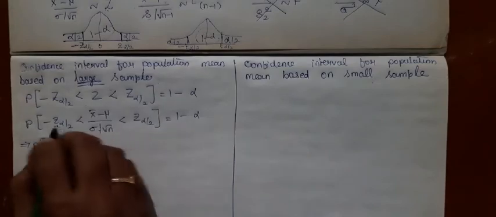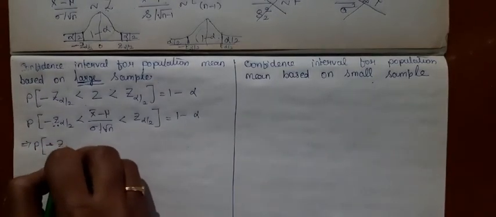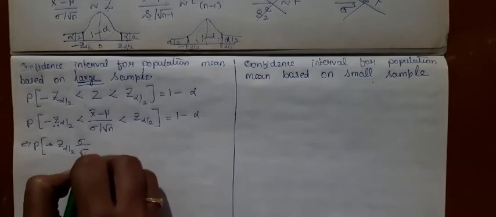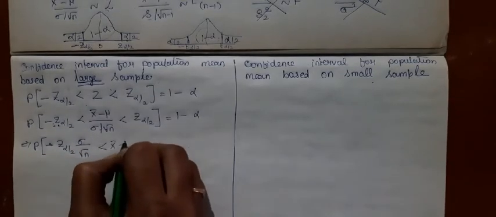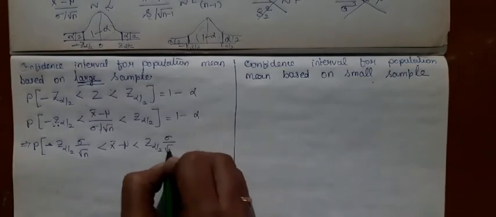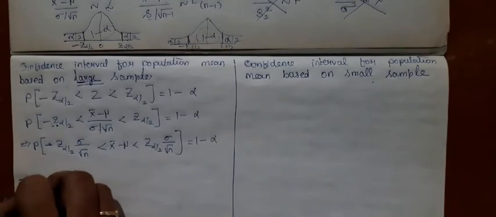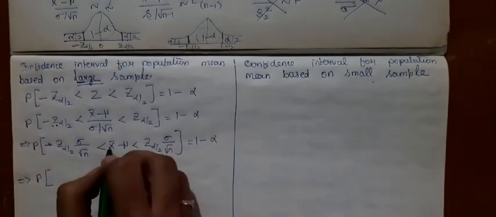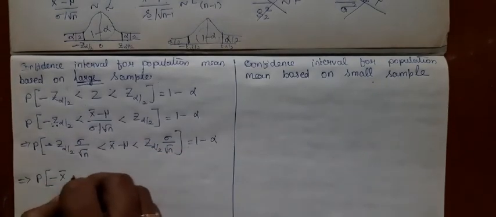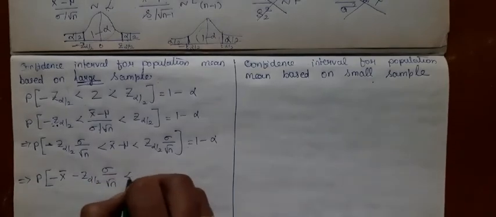First let us multiply this: minus z alpha by 2 sigma by square root of n, and z alpha by 2 sigma by square root of n is multiplied on both sides. Now you should retain mu at the center. Bring this x bar on either side, so it becomes minus x bar.